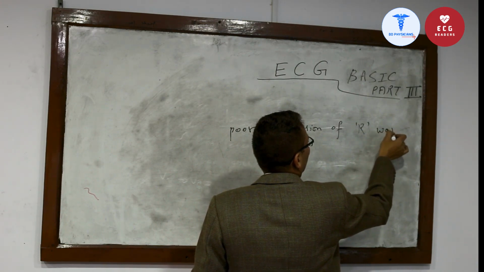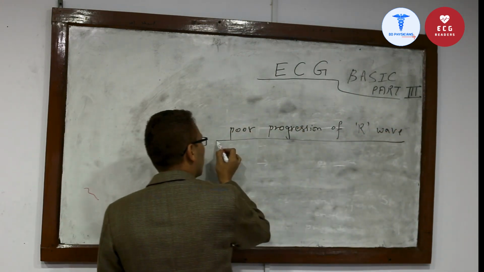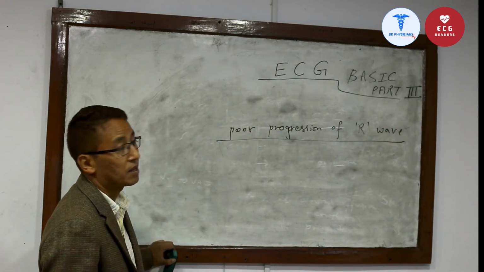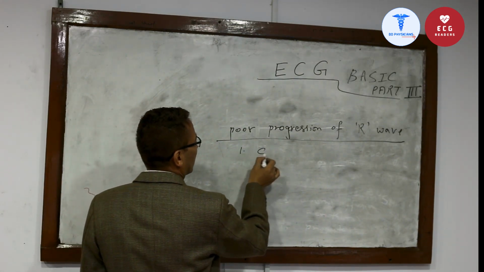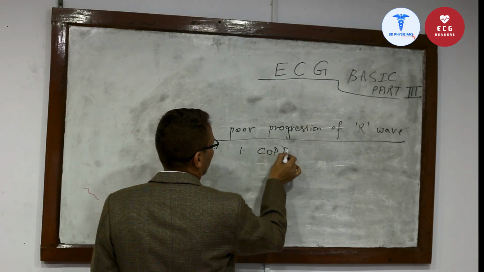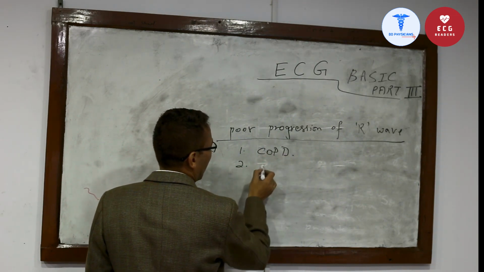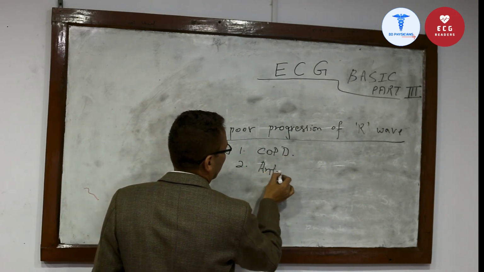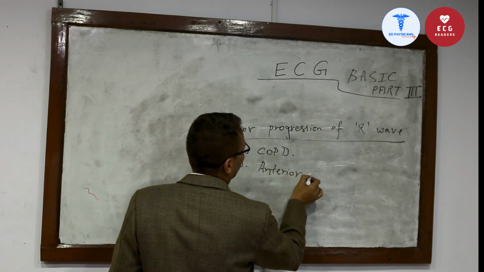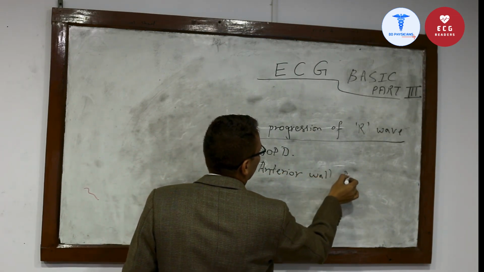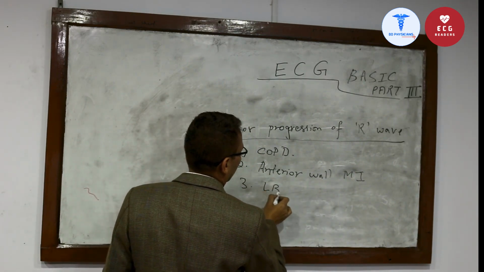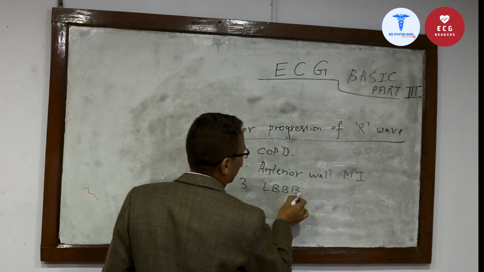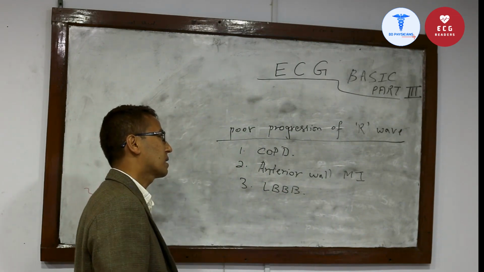There are some conditions in which non-progression of the R wave height can occur, like COPD, chronic obstructive pulmonary disease, anterior wall MI, or left bundle branch block.